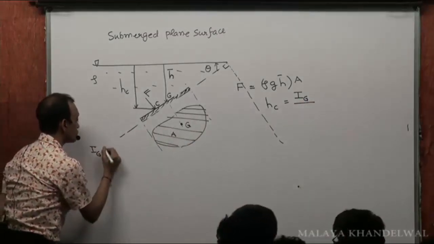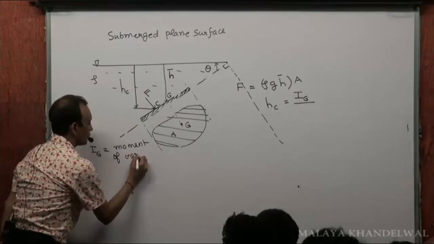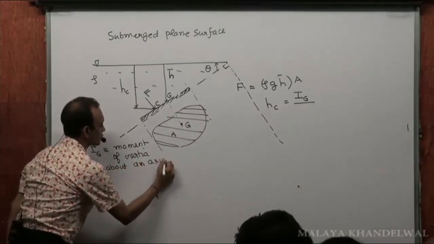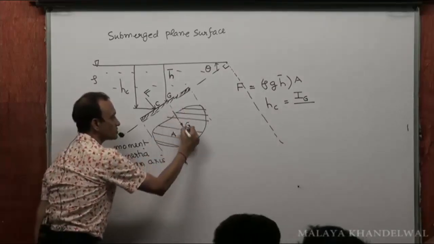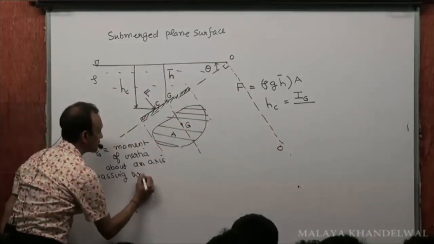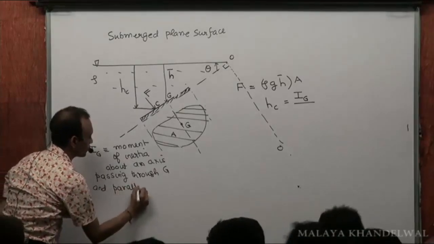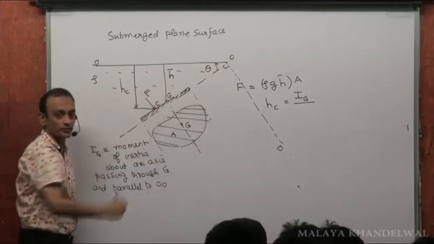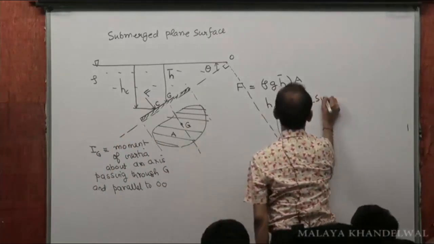IG is the moment of inertia about an axis passing through G, that is, parallel to this line OO. So it is the moment of inertia about an axis passing through G and parallel to OO, if you view from here.